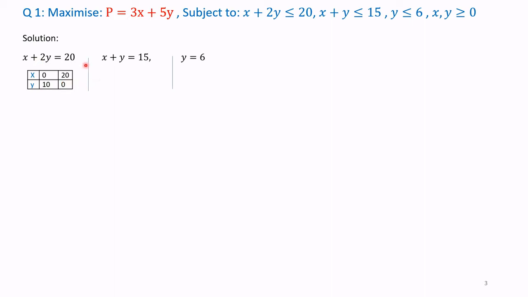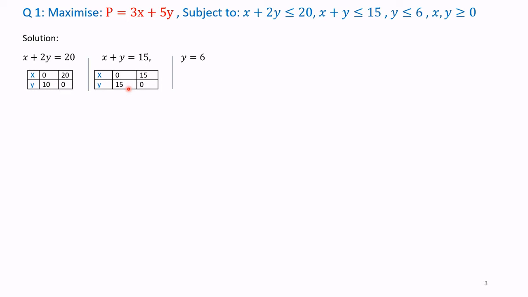Next we will repeat the same thing for the second line, that is second constraint, x plus y is equal to 15. So here also same thing. First we put x equal to 0. If you put x is equal to 0, y is equal to 15. Therefore, it is written in this table. So x is equal to 0, y is equal to 15.